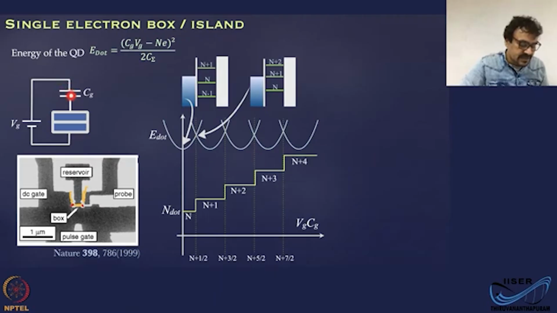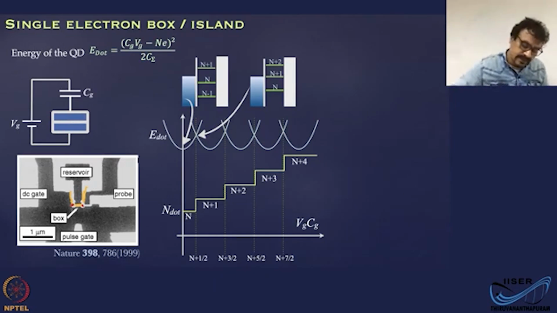But the charge that the gate is going to induce on this island is continuous. So that is an induced charge. But this is the actual number of electrons. N is the actual number of electrons on the island.